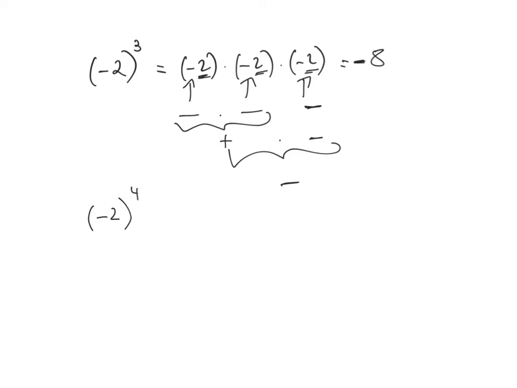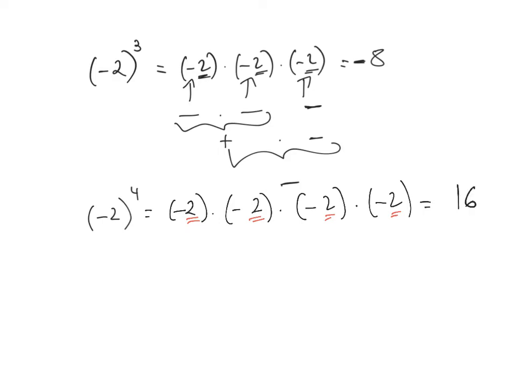If we had -2 to the 4th, then we have -2 times -2 times -2 times -2, 4 times, which means that we have 2 times 2, 4 times 2, 8 times 2, 16. And now minus times minus, plus, times minus, minus, times minus, plus.